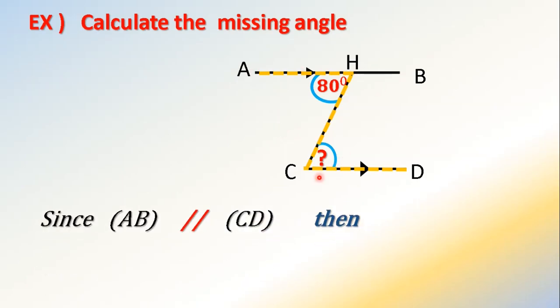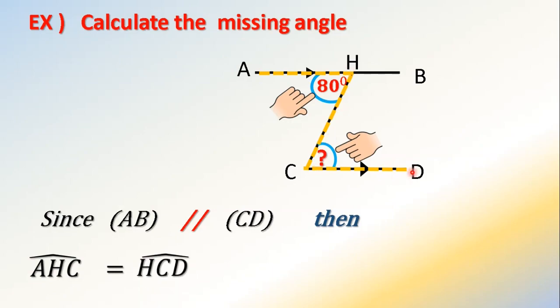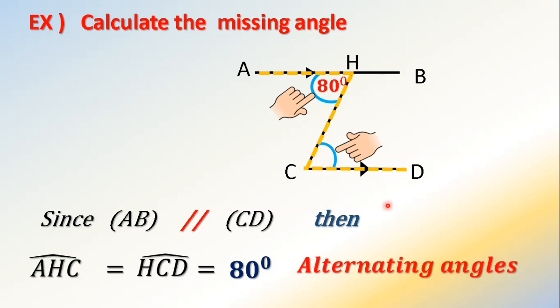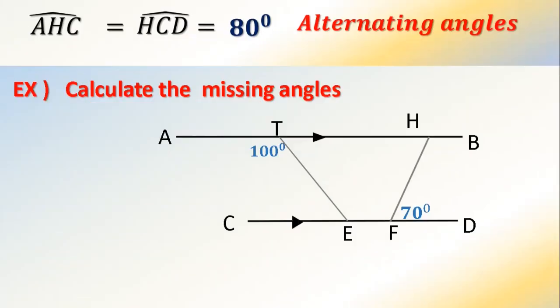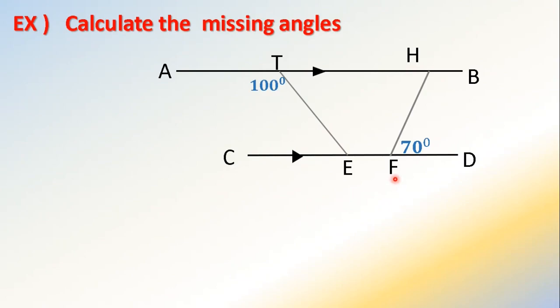Since AB is parallel to CD, then angle AHC is equal to angle HCD equals 80 degrees, and the reason is alternating angles. So this angle is equal to 80 degrees. Very good.